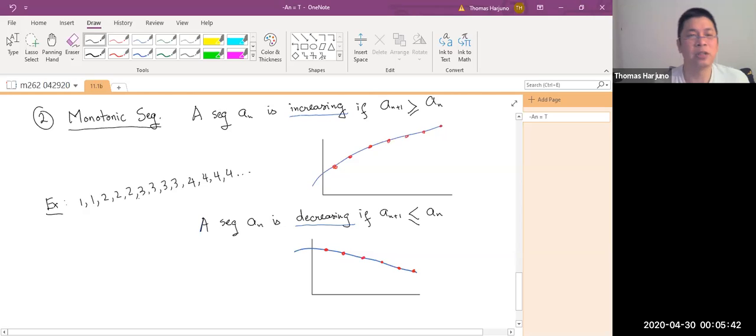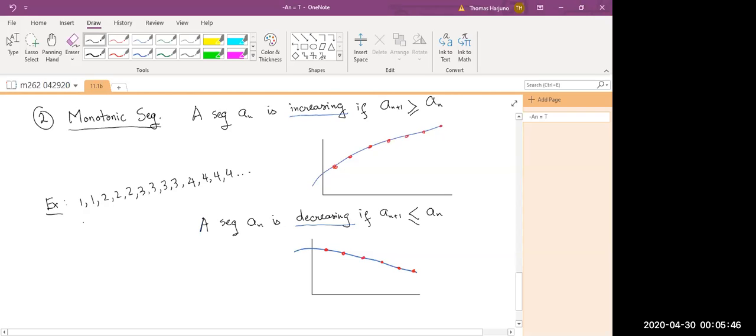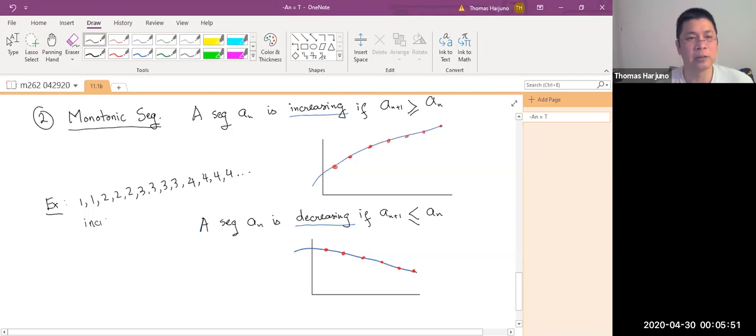Yes, it is increasing. Is it strictly increasing? No. So you got what I mean, right? It is increasing, but not strictly increasing. You see what I mean?